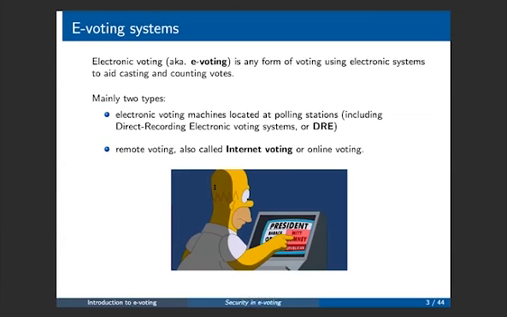When we say e-voting systems or e-voting software, what we mean is any kind of election, any kind of voting process in which we are using electronic systems or just technology in general. There are mainly two types. The first one is the one in which there is still a polling station, people still go there physically, but then there is a machine that helps you in casting the vote and also in counting and doing the final tally of the results, like what we see here in the picture.